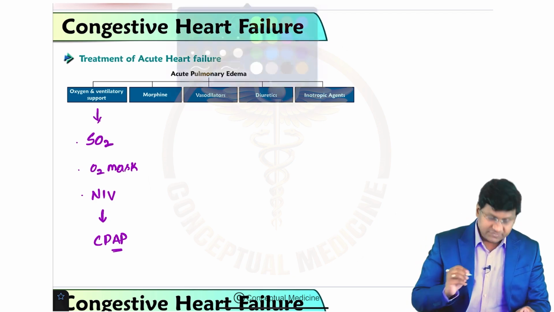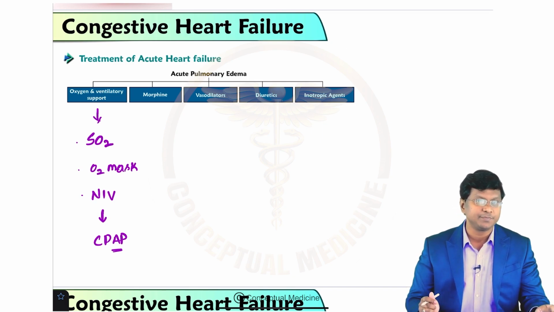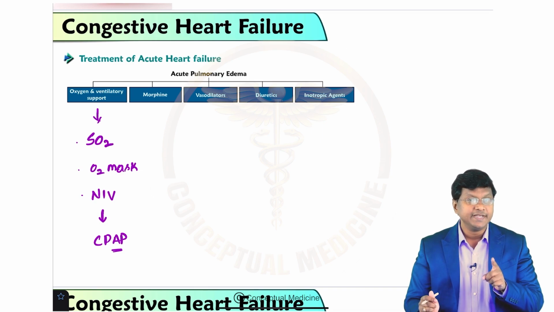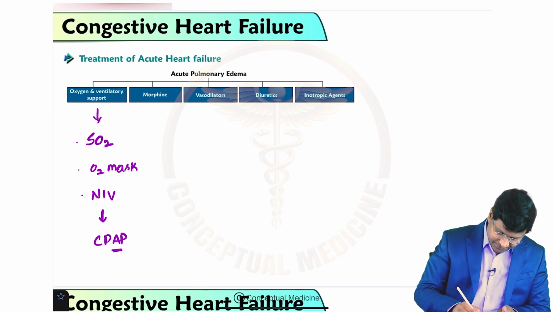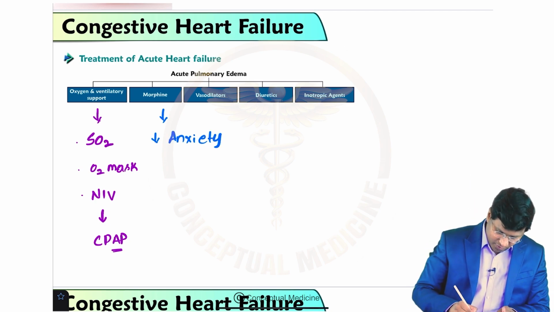Now next is morphine. See, what is the mechanism by which we use morphine in acute pulmonary edema? Morphine diminishes the anxiety and decreases the sympathetic outflow.